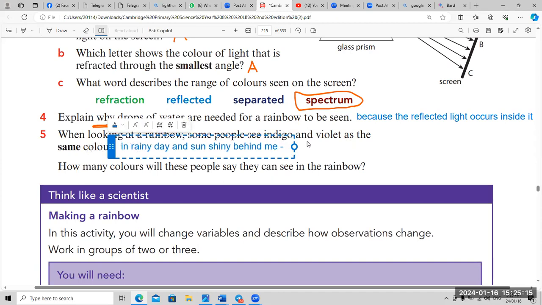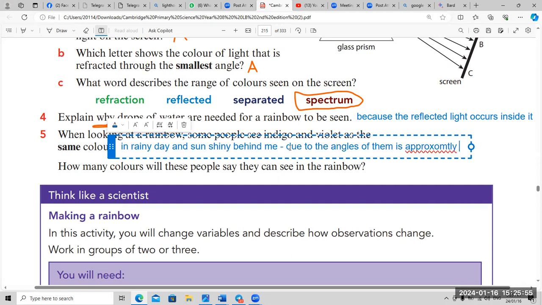Because the angle of indigo and the angle of violet is approximately the same. The refracted angles of indigo and violet are next to each other, so they are close in degree. We say because or due to the angles of them being approximately equal, or very close to each other.